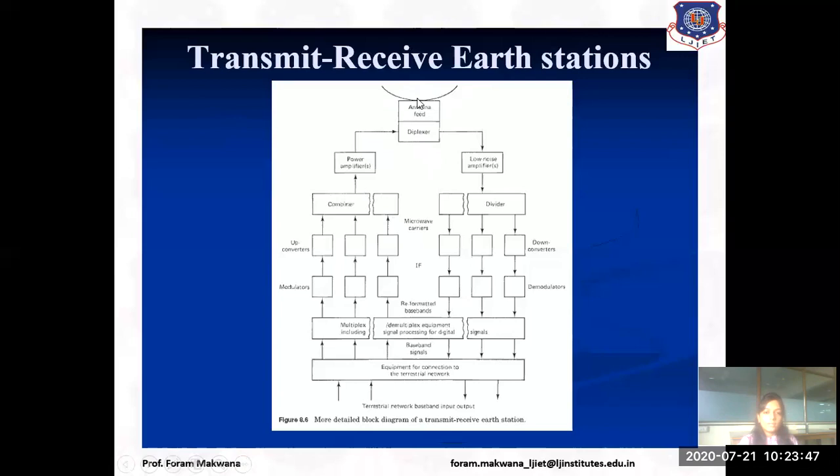As I'm going to receive a signal, the duplexer will connect the antenna to the low noise amplifier, this portion. Okay. So this is our transmitter and this is our receiver, TX and RX.